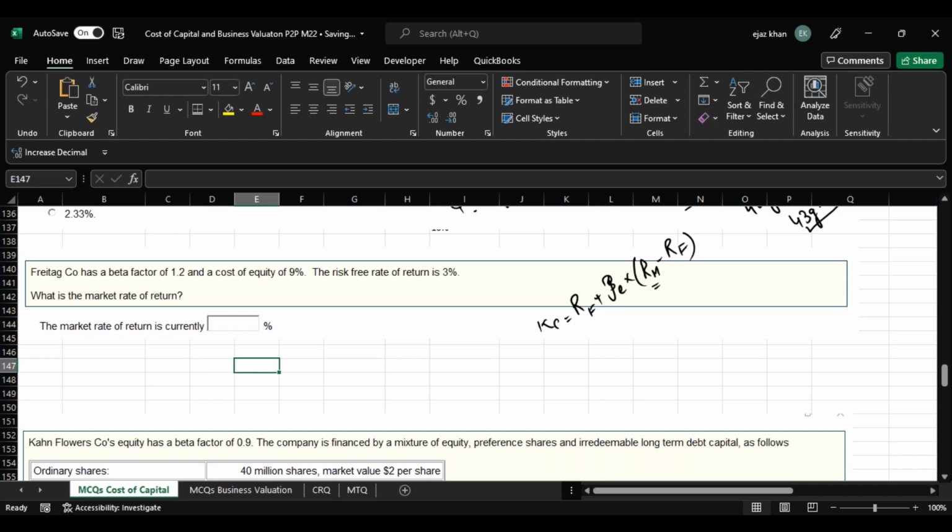For that, first of all, we have to subtract risk-free return from the cost of equity. Cost of equity is 9% minus the risk-free return, which is 3%. So it's 6%. So we have done this. Now we have to divide the result of the difference of the two by the equity beta, which is 1.2.